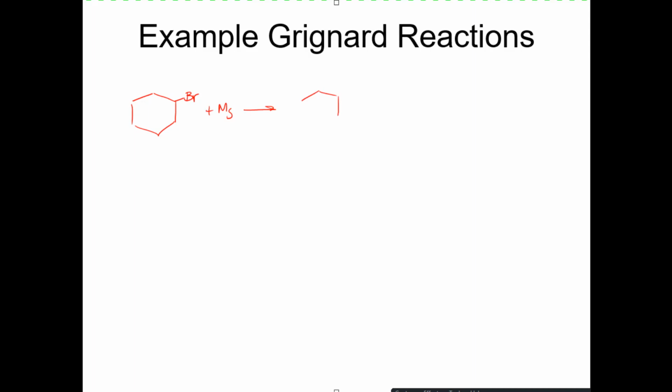I would end up converting that carbon to a carbanion with the MgBr plus counterion. And let's say that I reacted that with something like this ketone. This would be butan-2-one would be its name.